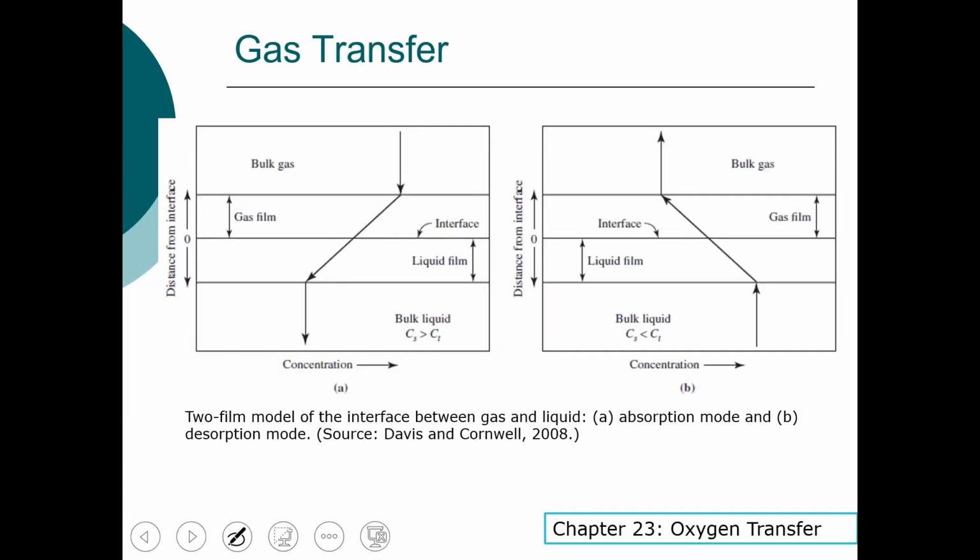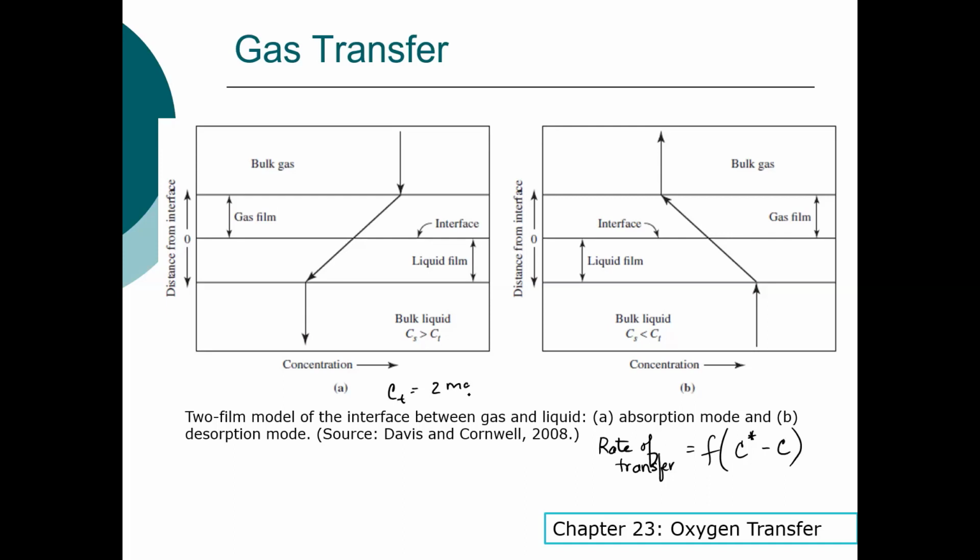So when we talk about Fick's law, okay, we're looking at the rate of transfer. So we'll write this down as the rate of transfer is a function of the difference between the equilibrium concentration and the actual concentration. So what's shown here is, we could think about this in terms of oxygen. So for instance, let's say we have an oxygen concentration, we'll refer to it as CT, of 2 milligrams per liter.